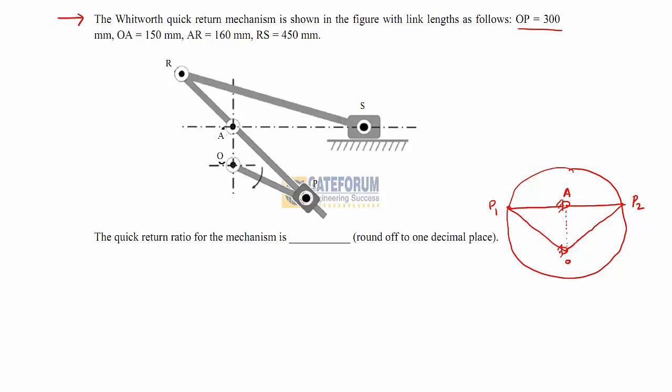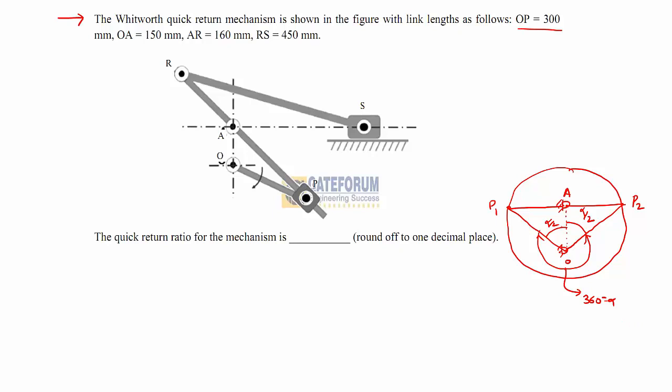AP is not given, and these two angles will be alpha by 2 each. The total angle here will be 360 minus alpha.